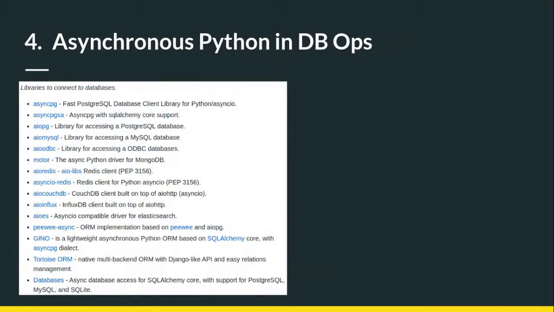These are libraries that you can use in your daily coding journey. I use AsyncPG daily with an ORM like SQLAlchemy, and you can do asynchronous processing with SQLAlchemy since version 1.4.